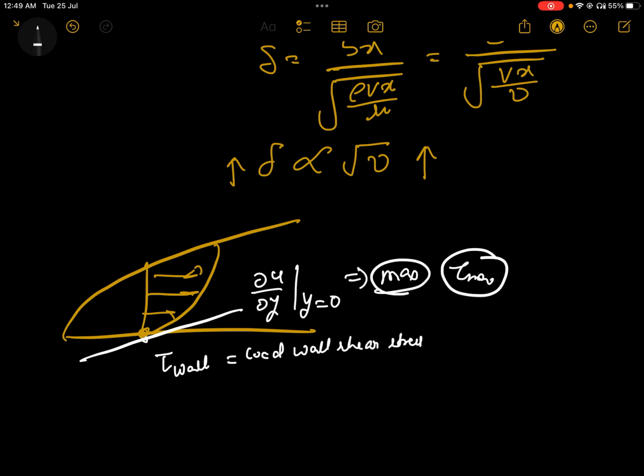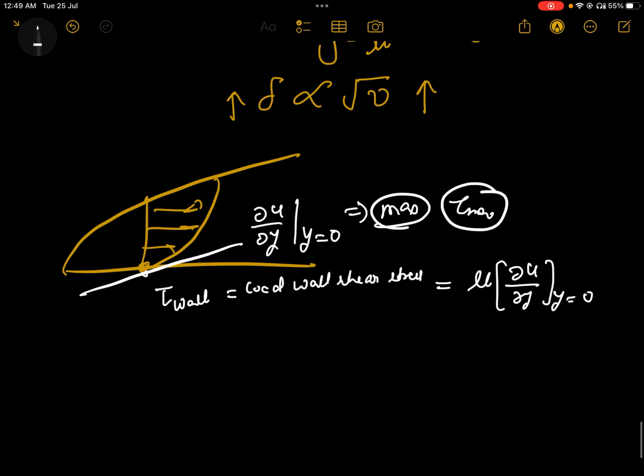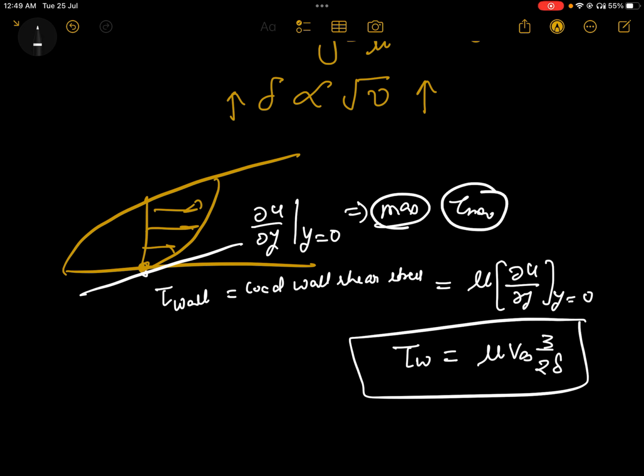and this will come out to be mu del u upon del y at y is equal to 0. If we derive, then we will get mu v infinity 3 by 2 delta. That is the tau wall. This much of Pascal shear stress we are getting at any location of x.